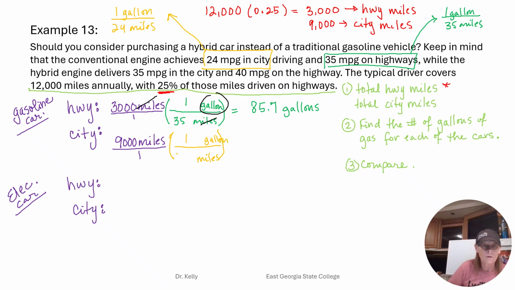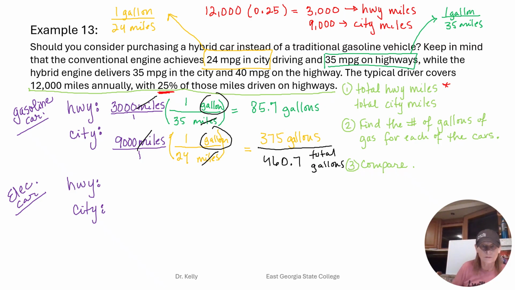So we have 1, we have 24. Make sure that the miles cancel. We're left with what we're looking for. That is going to be 375 gallons. And let's get that total. That would be 460.7 total gallons.